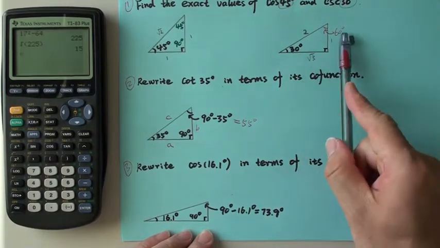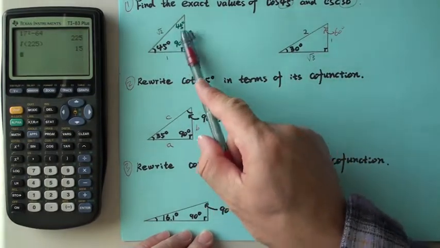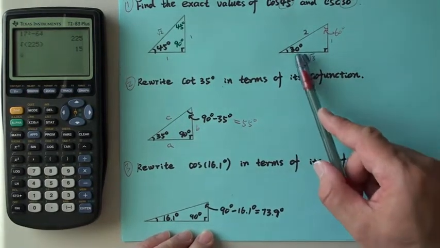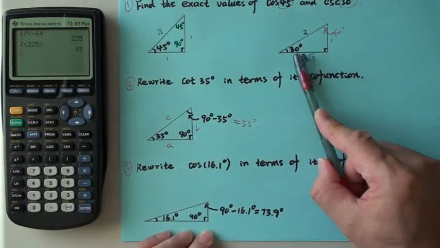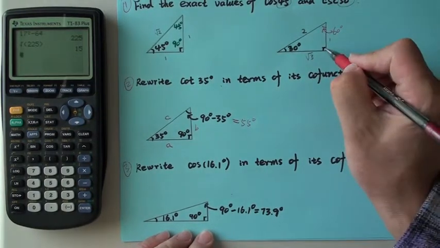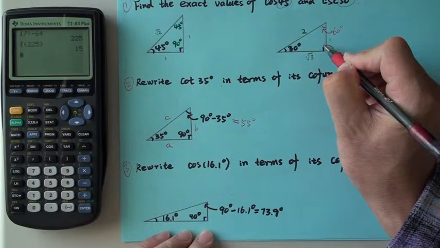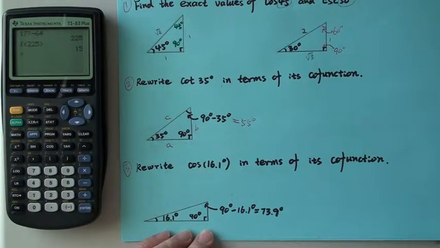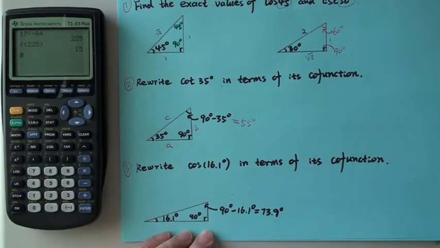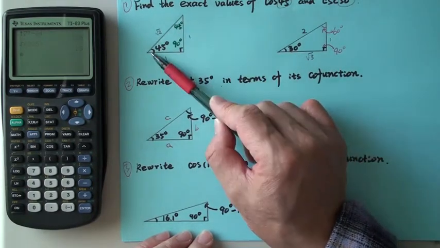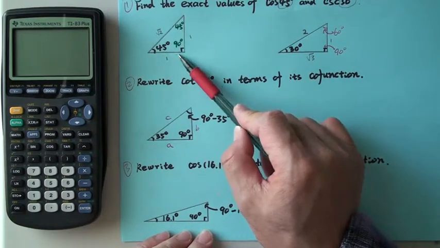Together it has to be 90 degrees. 45 plus 45 is 90. 60 plus 30 is 90. Again, this angle is 90 degrees. In this right triangle, those two angles are equal, so those two sides are equal.